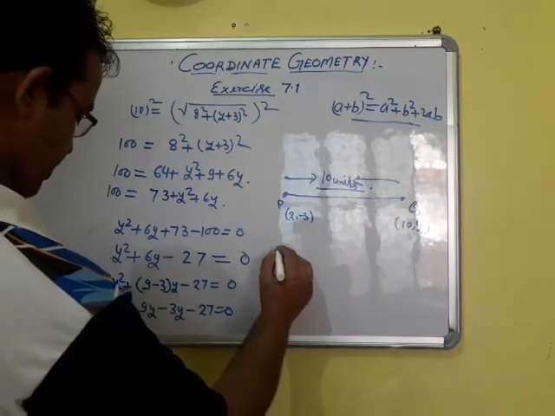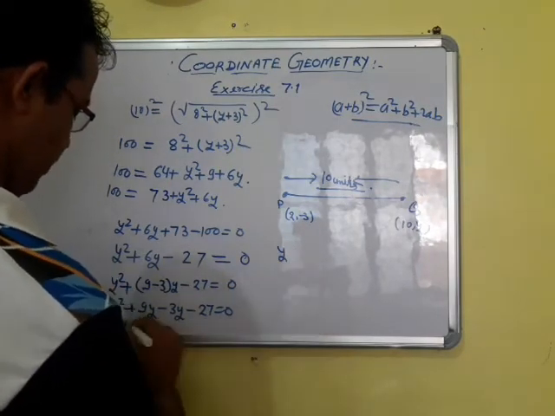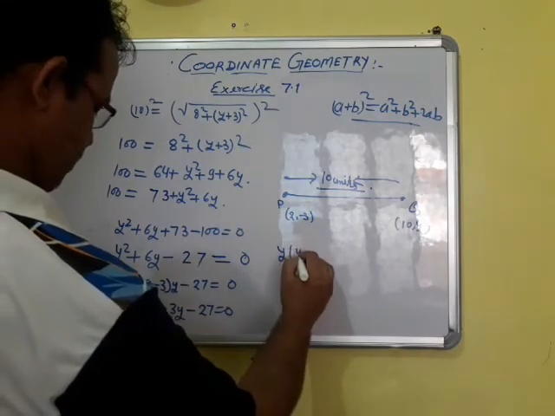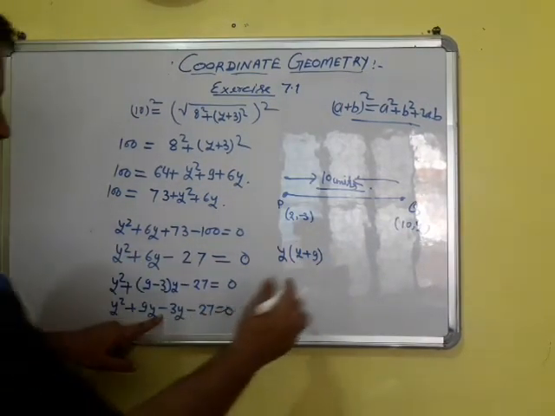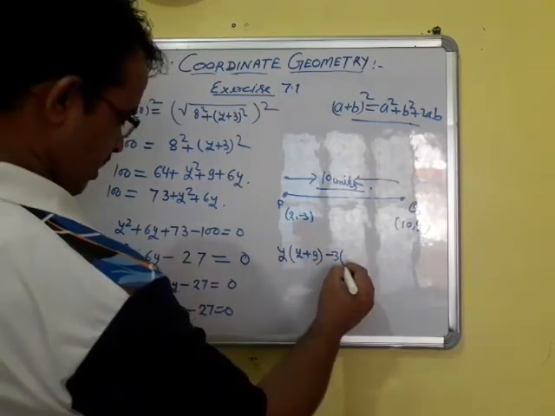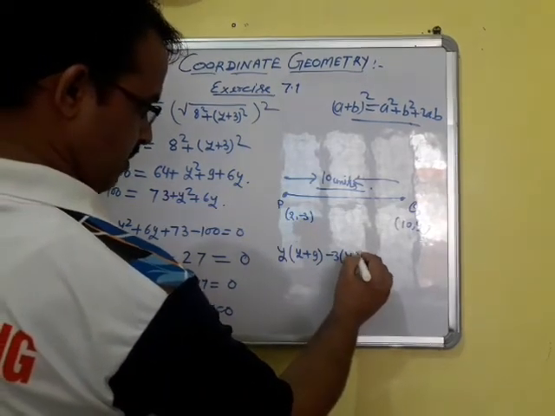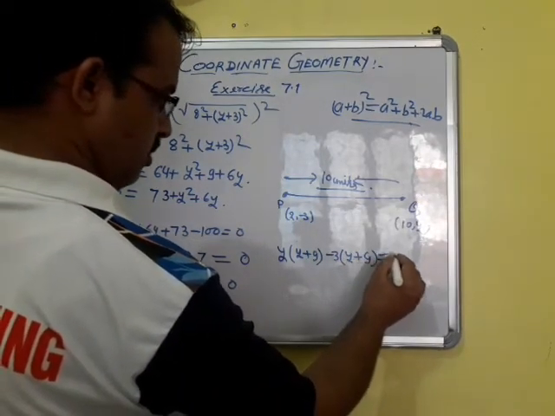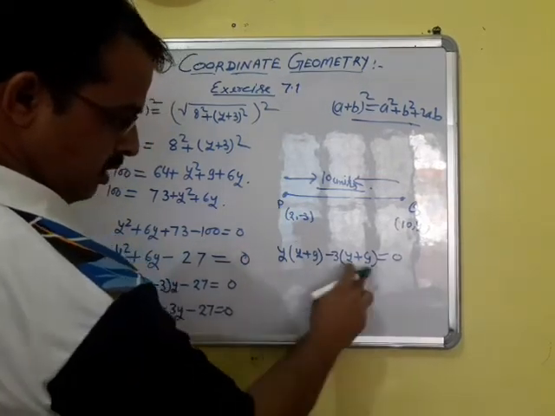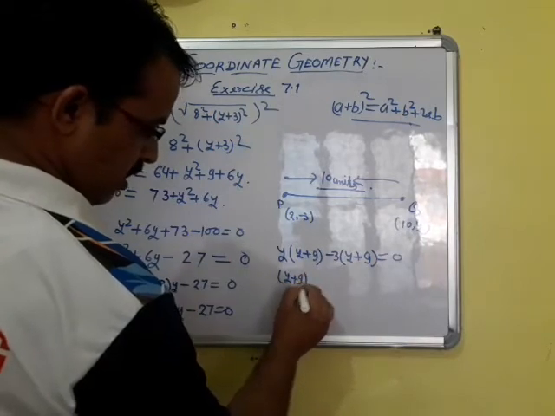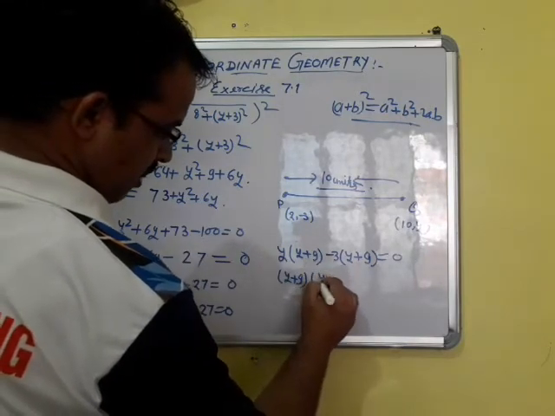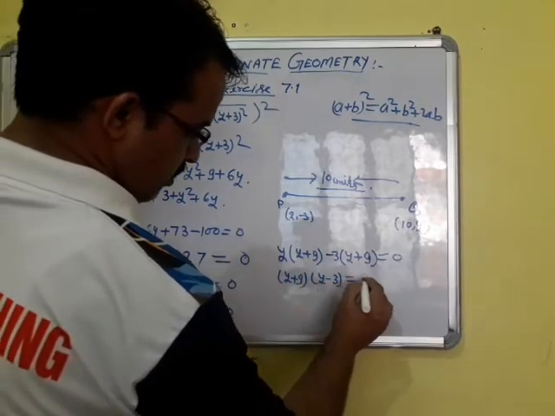Here we take y common, so we get y plus 9, and from the other two terms common minus 3. We get (y plus 9)(y minus 3) is equal to 0.